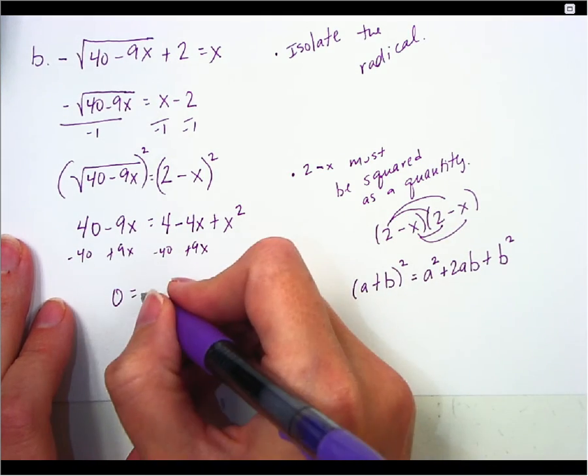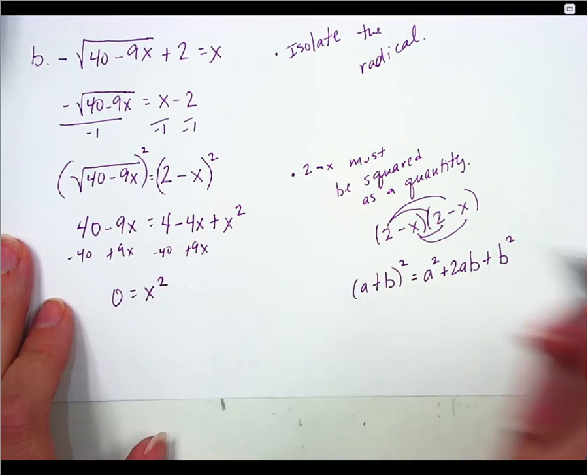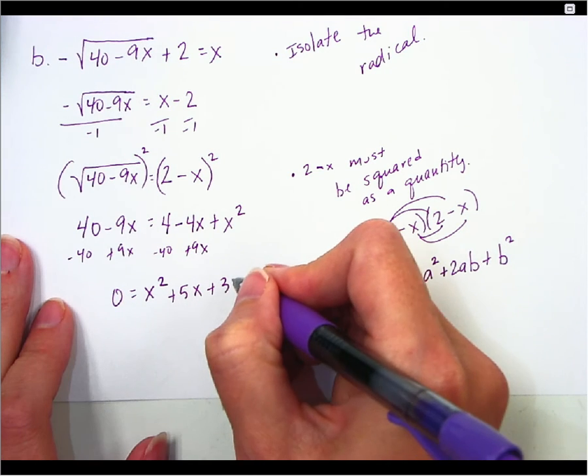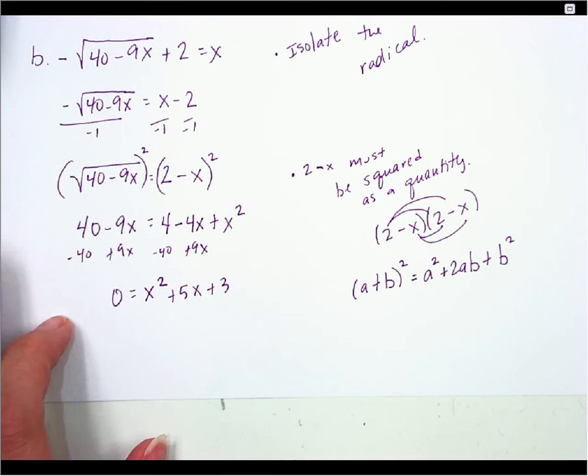All right, and then I'm going to write this in descending order or standard form. So the x squared is first. Then we have plus 5x plus 30 minus 36.